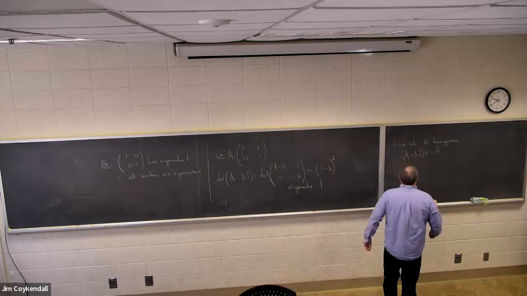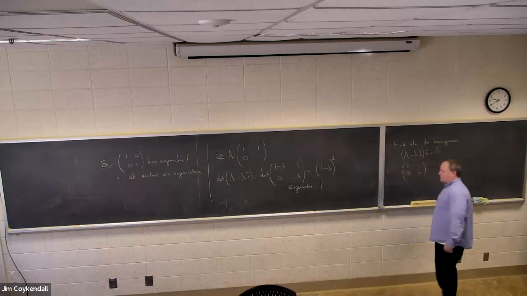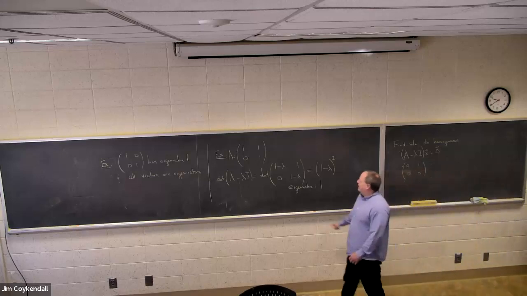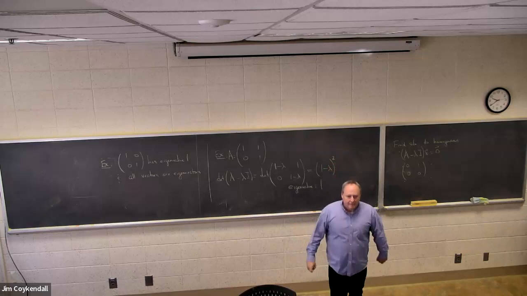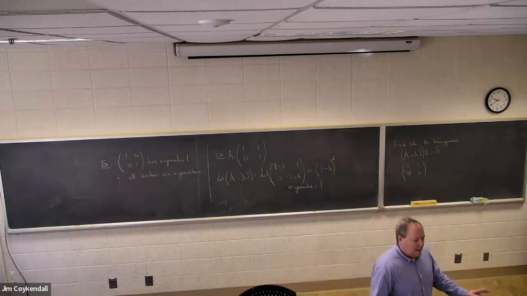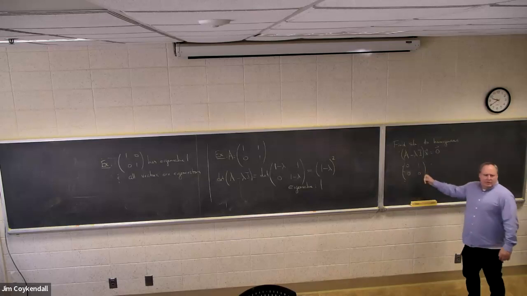So A minus lambda I, where lambda is 1. When I plug in my eigenvalue here, I get 0, 1, 0, 0, right? Now I've got to take that to row reduced echelon form. Yay, I'm already there. We need to interpret this.